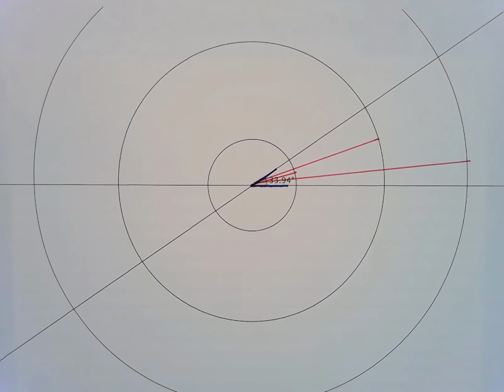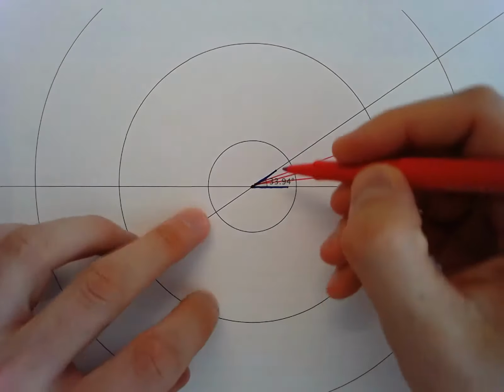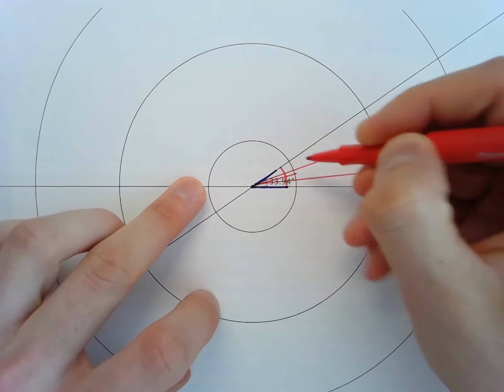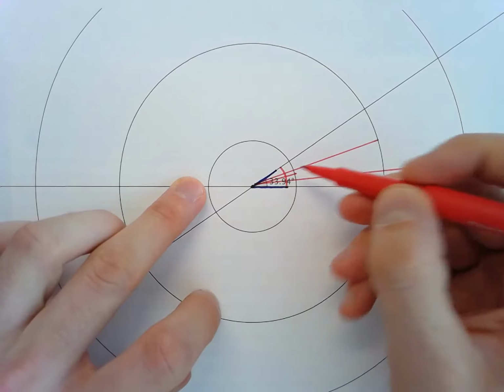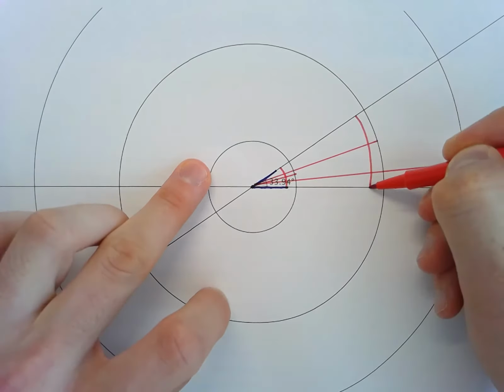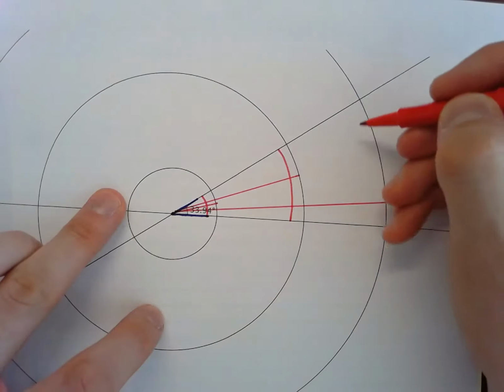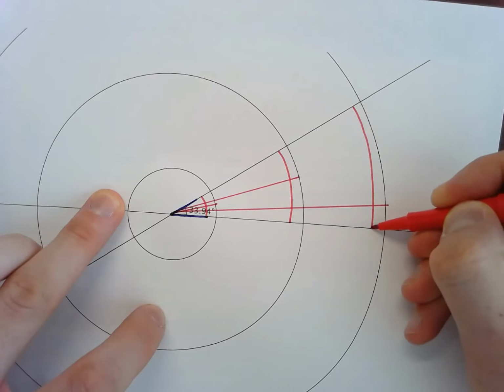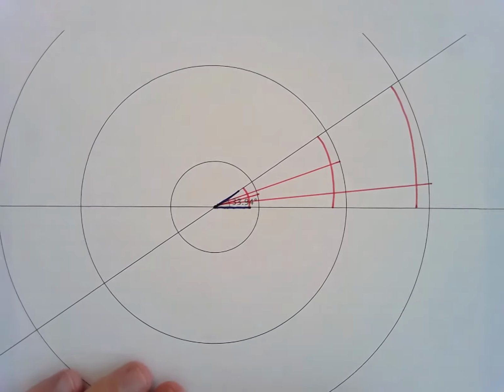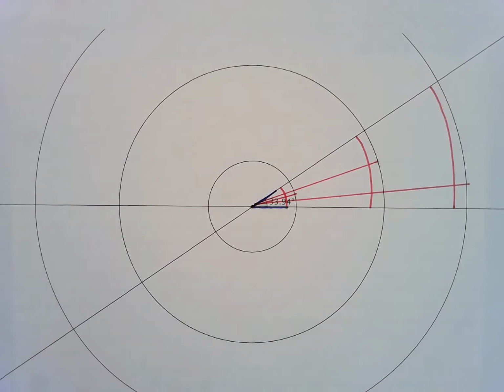They are all 33.94 degrees. So it does not matter if you're doing a smaller circle or a larger circle or an even bigger circle. Angles are the same. Okay, so the size does not matter.